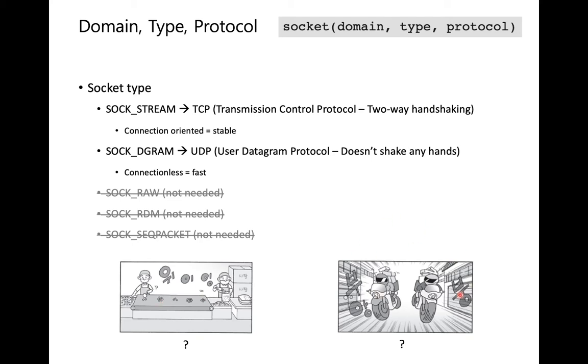Now let's take the example of UDP. These two guys are delivery people, and they are going to deliver pizza, and there are a lot of pizzas on top of each other as they are moving. Maybe some of the packages will drop, but since they are moving at high speed, they are unaware of it, and they will reach the destination, and they might not be able to deliver the pizza to some specific ordering places because those pizzas were dropped on the way.